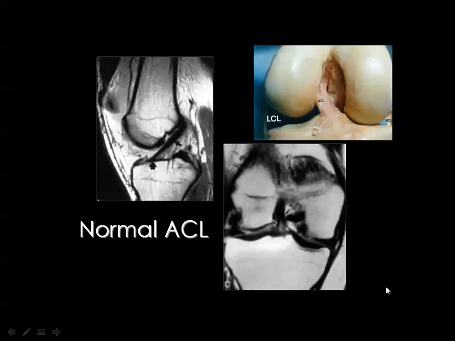And in the coronal images, whenever you look in the notch, you will see the anterior cruciate ligament related to the lateral femoral condyle, and the horizontal part of the posterior cruciate ligament is attached to the inner aspect of the medial femoral condyle, as I have mentioned in the sector of the anatomy.